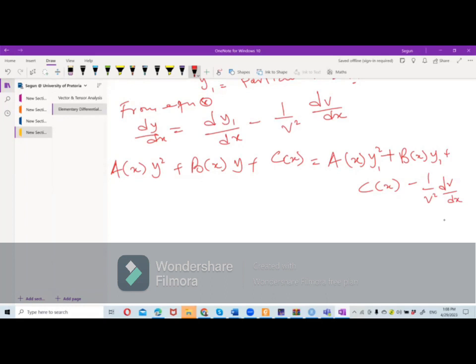How do I come up with this? Remember, we said our y equals y1 plus 1 over v. So we already have the pre-notion of what y is going to look like. I know my dy/dx is here. Let's go up.